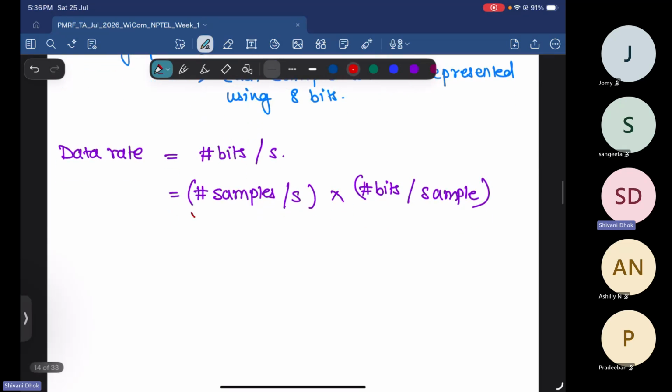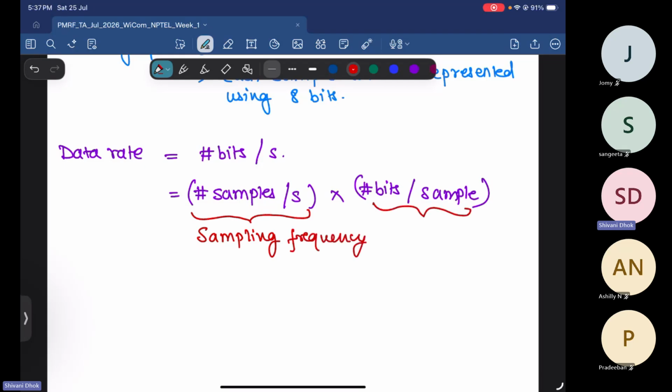So the first thing that we have is nothing but your sampling frequency, and this is the number of bits used for quantization.